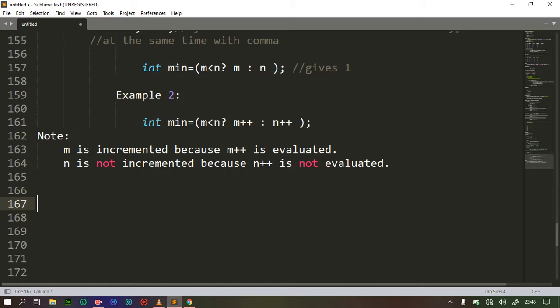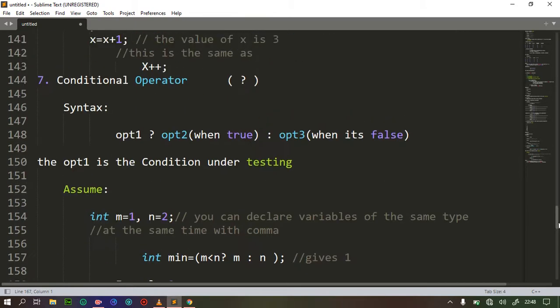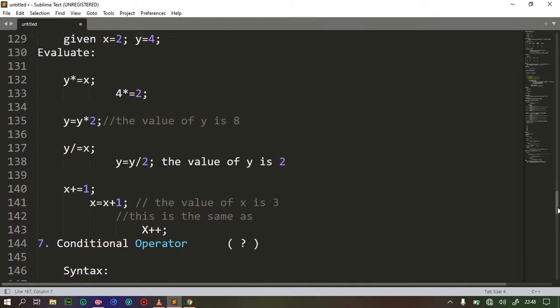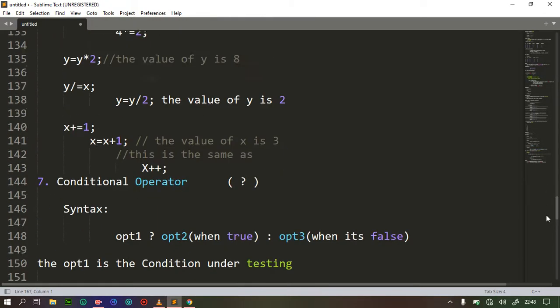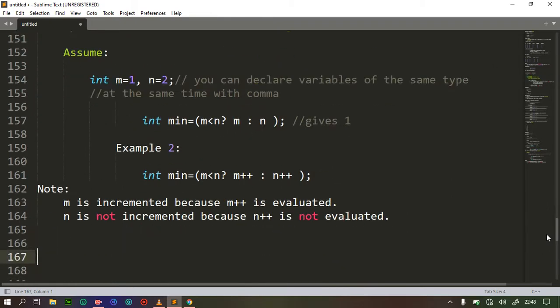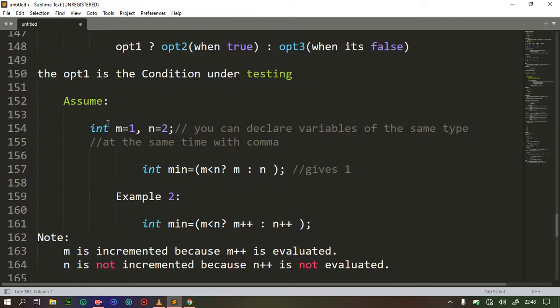still underlining from the same example of a conditional operator, there is something that I've just used up here, where I said we can use a comma to separate the declarations.